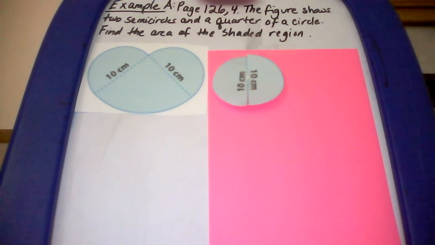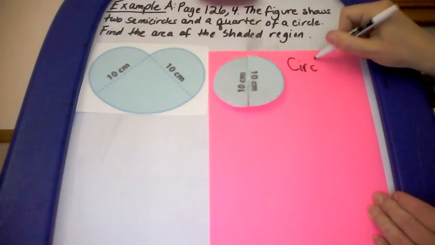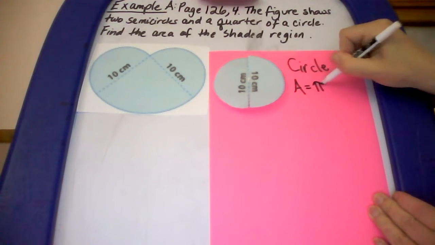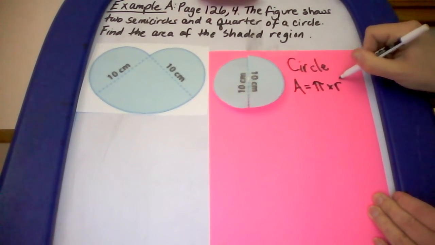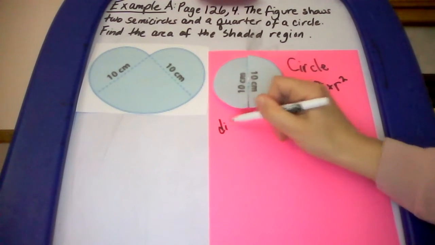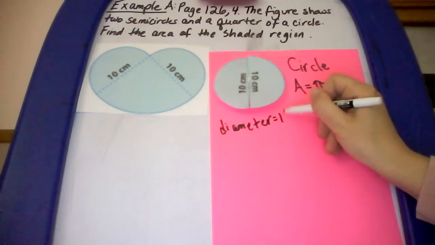To find the area of this full circle, I'm going to use the area formula for a circle: area equals pi times radius squared. Now, the diameter is 10, so we take the diameter and divide it by 2 to get the radius.